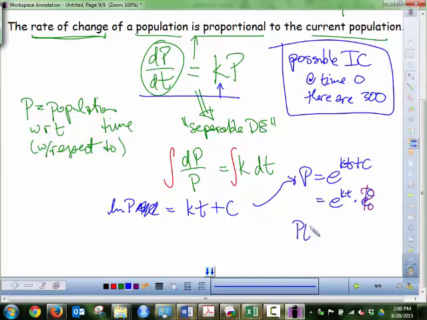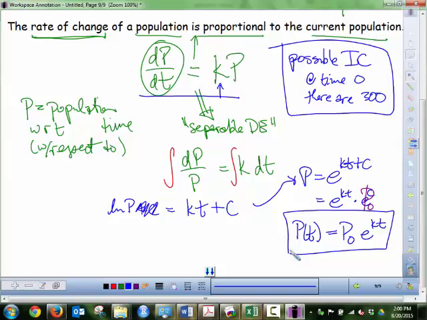So then p of t is equal to p sub 0, that's actually e to the c, right? But let's just call it p sub 0 e to the kt. So that is our solution to our differential equation.